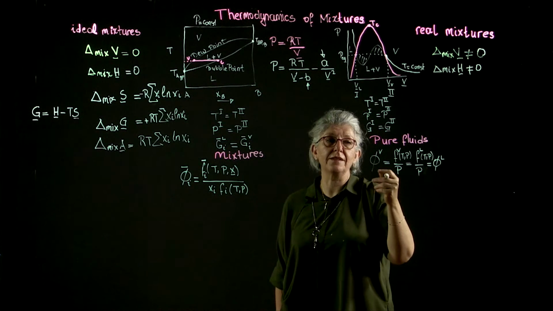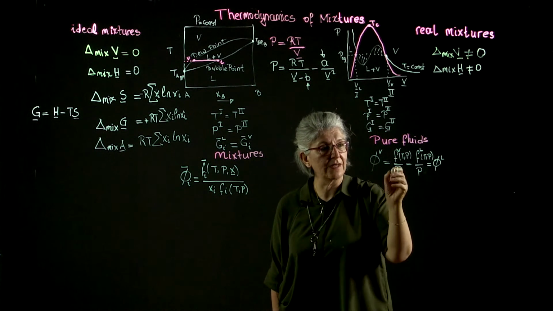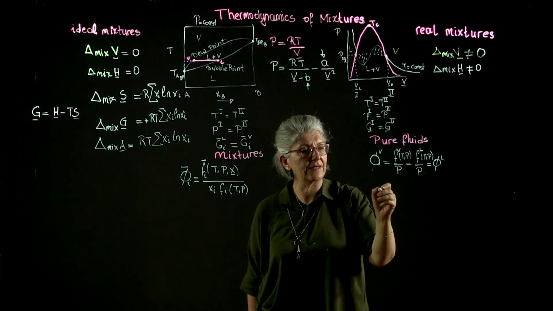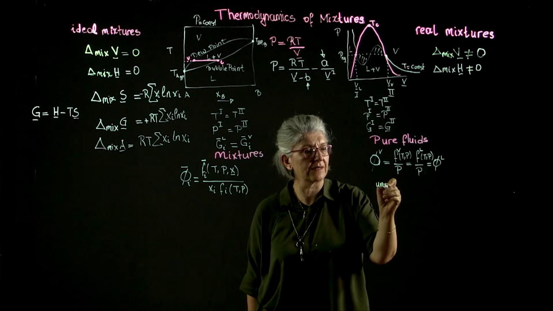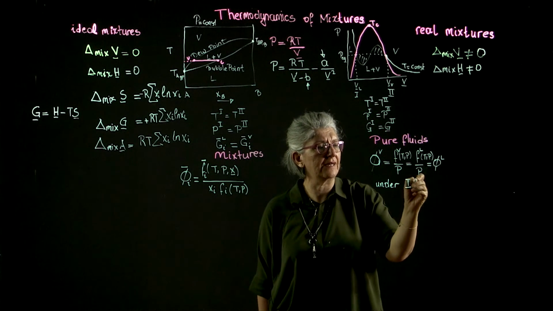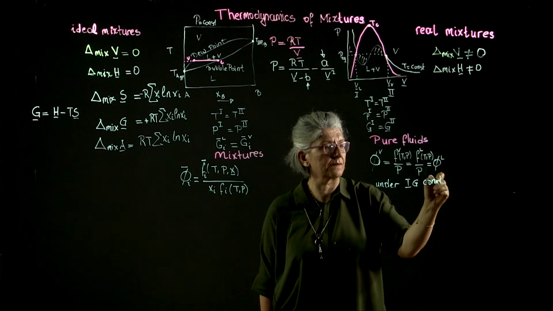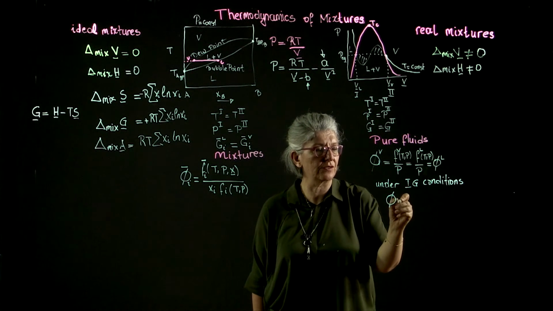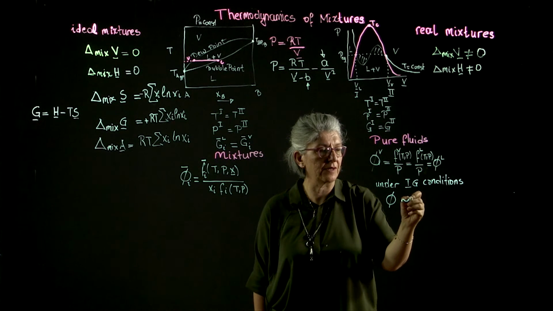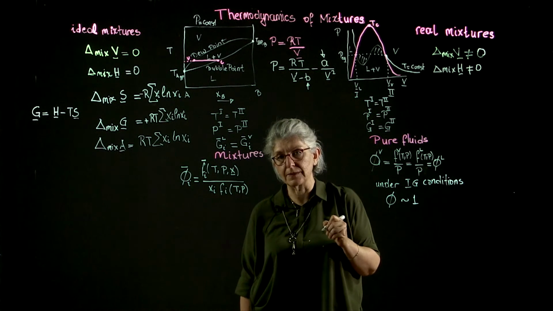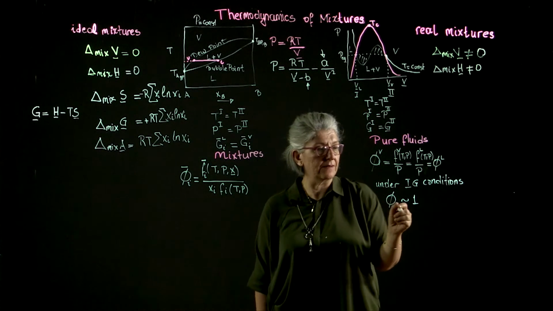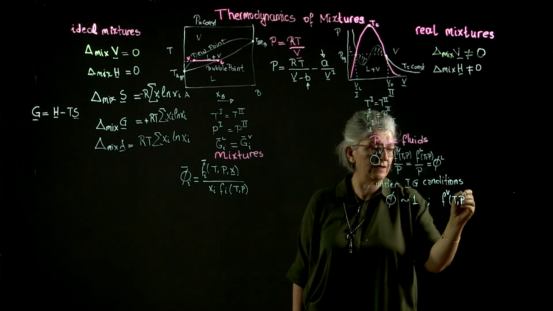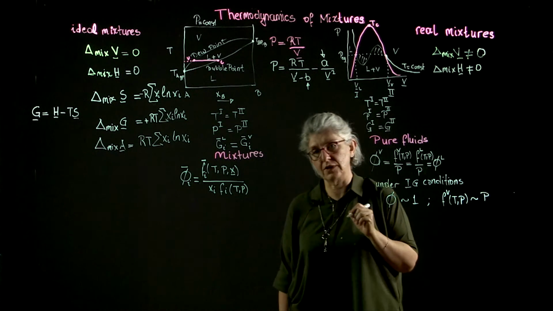In the ideal gas state, our fugacities will approach the pressures, and under ideal gas conditions, our fugacity coefficients will be approximated to 1. As a result, our fugacities would approximate to their pressures.